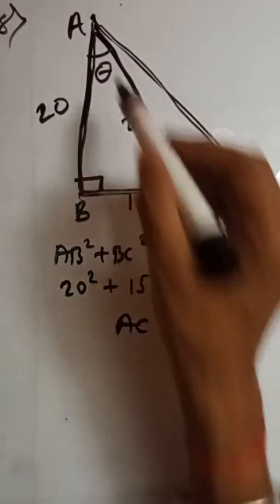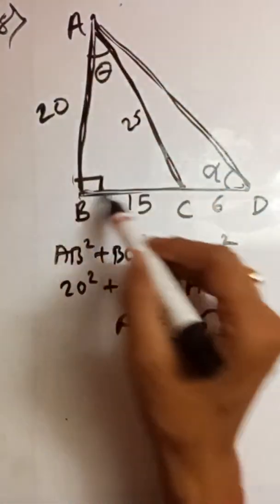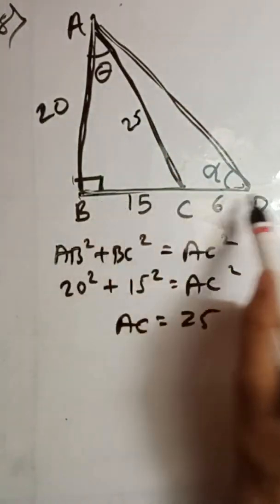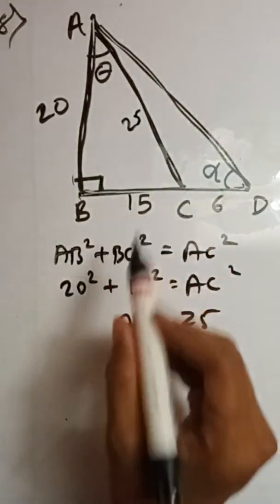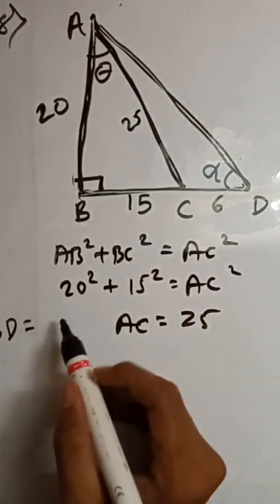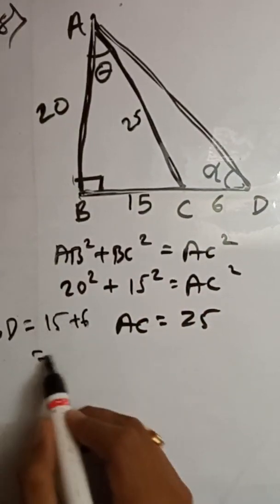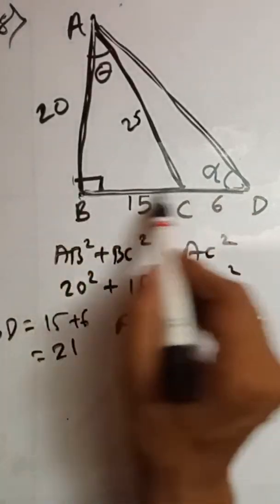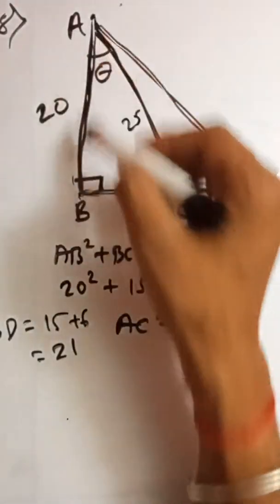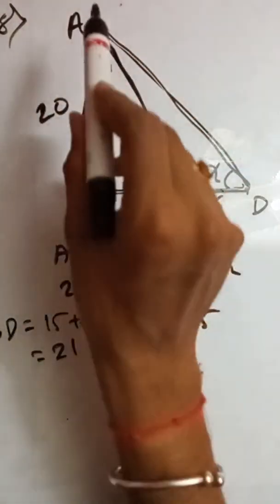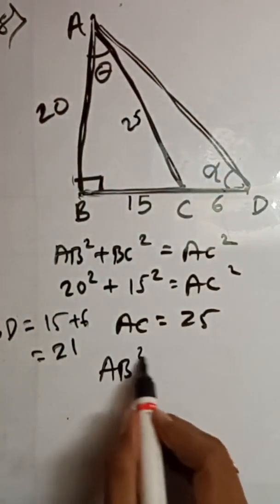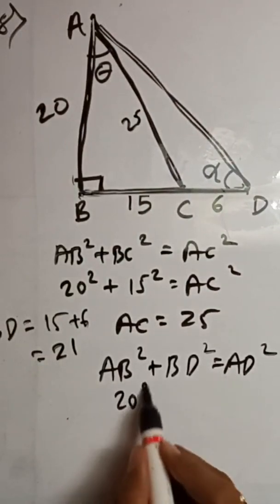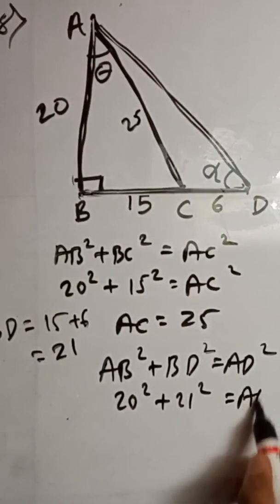Then take this full triangle ABD. In this, AB is 20, BD is 15 plus 6, that is 21. So the full BD is 21. With 20 and 21, I will find AD. AB square plus BD square equals AD square. So 20 square plus 21 square equals AD square.